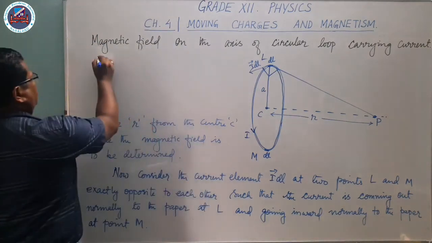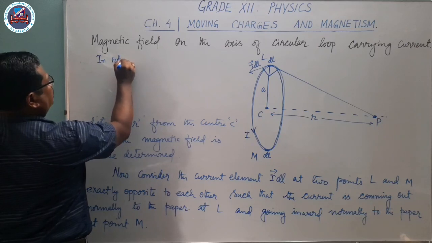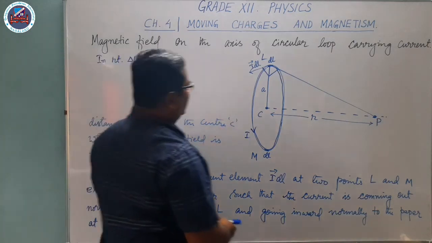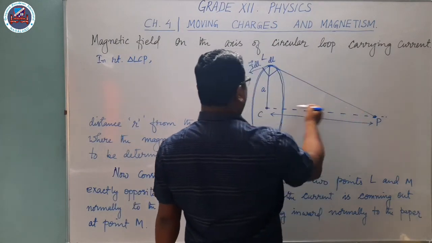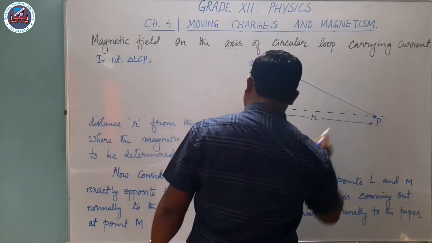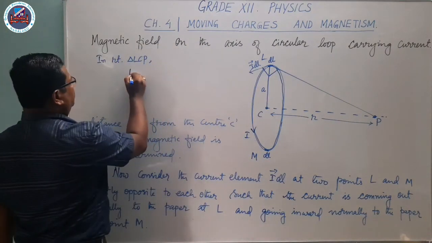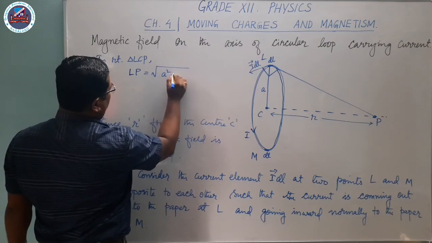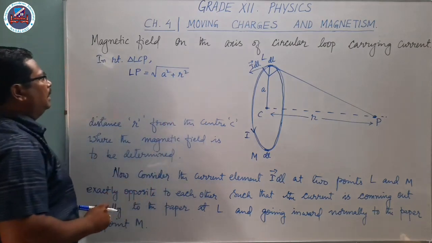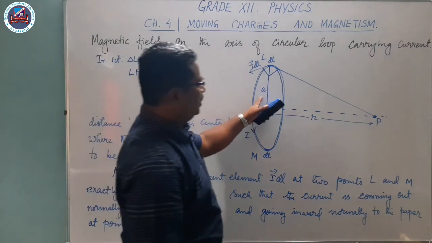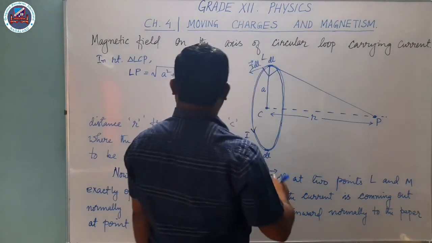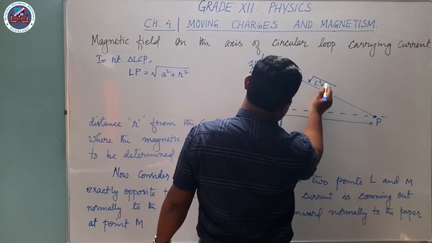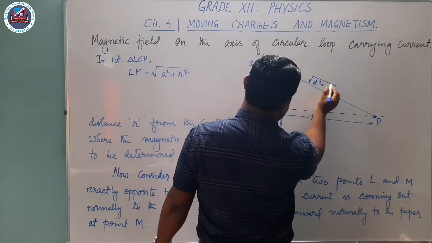In right triangle LCP, if you use the Pythagoras theorem, you can find out LP. LP will be square root of a square plus r square.